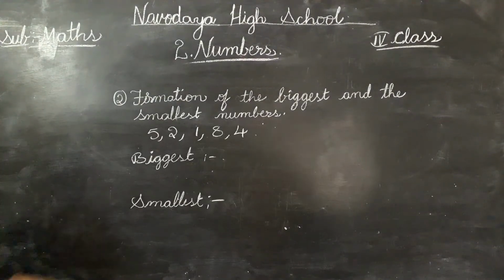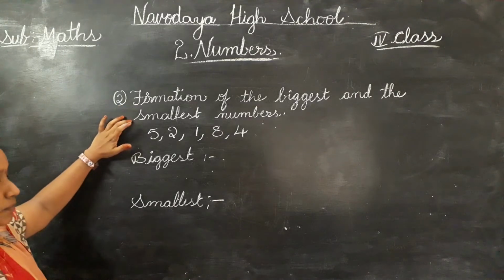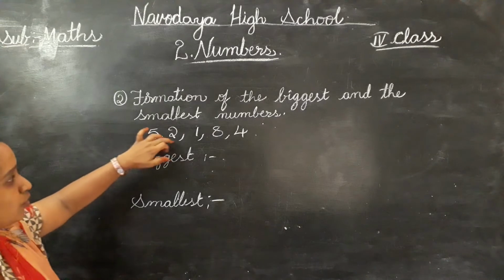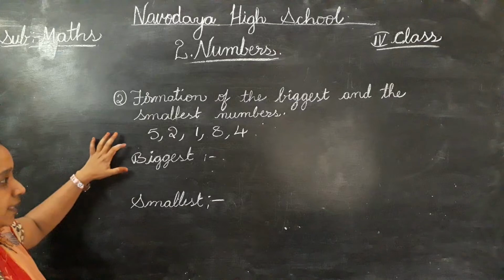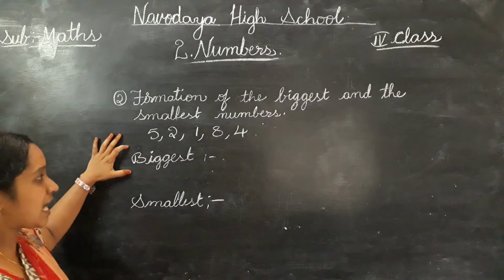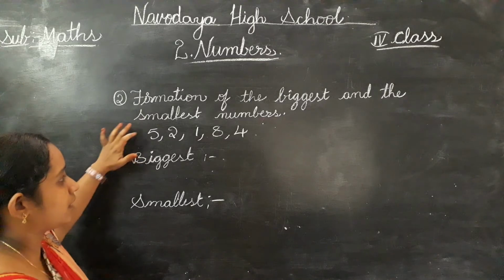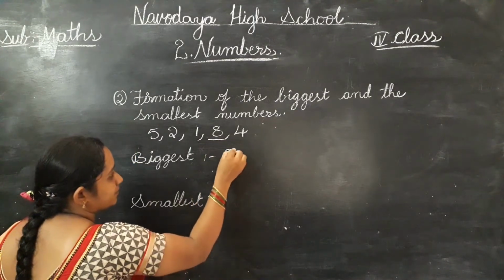Now the next concept is formation of the biggest and the smallest numbers. Here are some digits children: 5, 2, 1, 8, 4. If you want to make the biggest number, you will start with the greater number. What is the bigger number here? 8. So first start with 8.